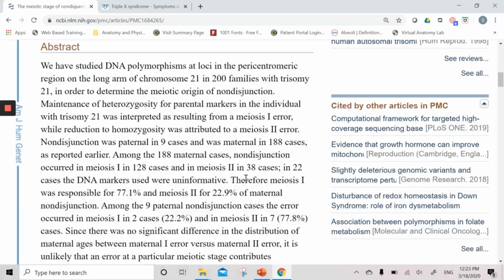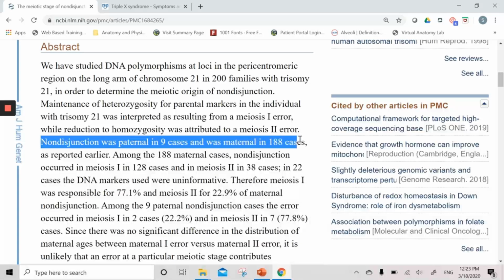And they found that non-disjunction was paternal, that means it's from the sperm, so the actual copy comes from the sperm cell, in 9 cases, and was maternal in 188 cases. So you can see the mother probably is more likely to cause Down syndrome in the babies.